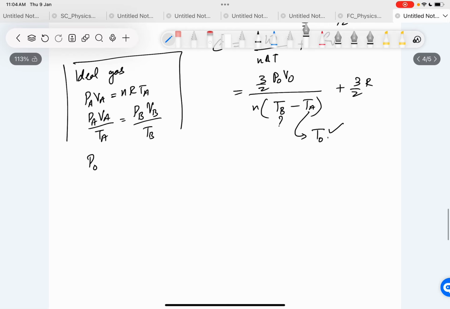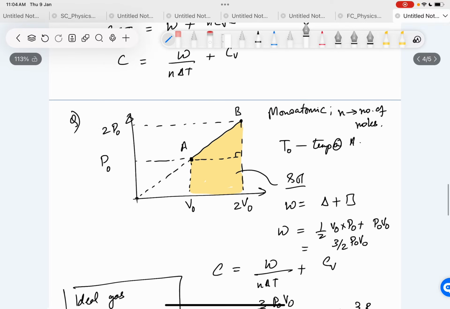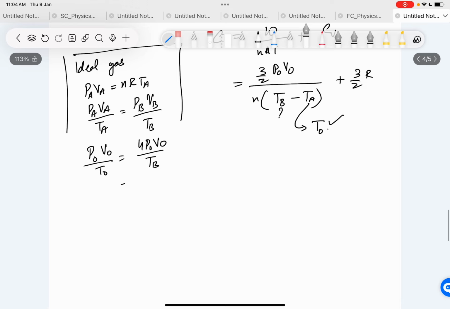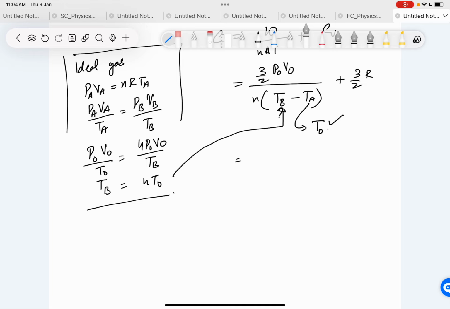Let's substitute the values P0 V0 by T0 equals 2 times 2, 4 P0 V0 by TB. Therefore you can write the TB value as 4 times T0. Let's substitute this in place of TB. You get 3 by 2 n P0 V0 divided by 4 T0 minus T0, plus 3 by 2 R.